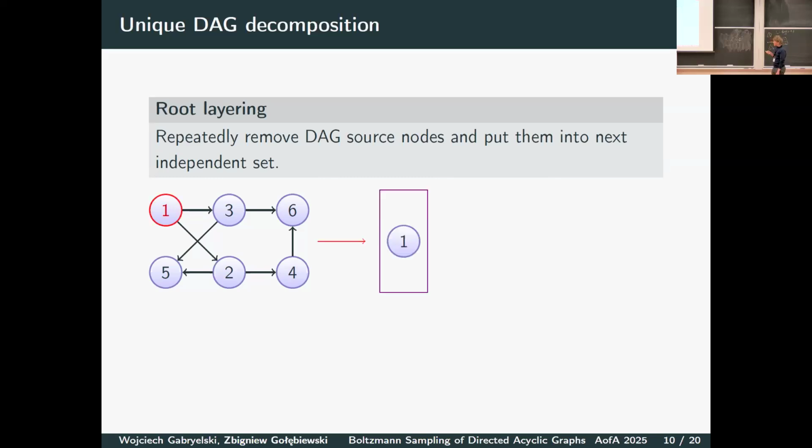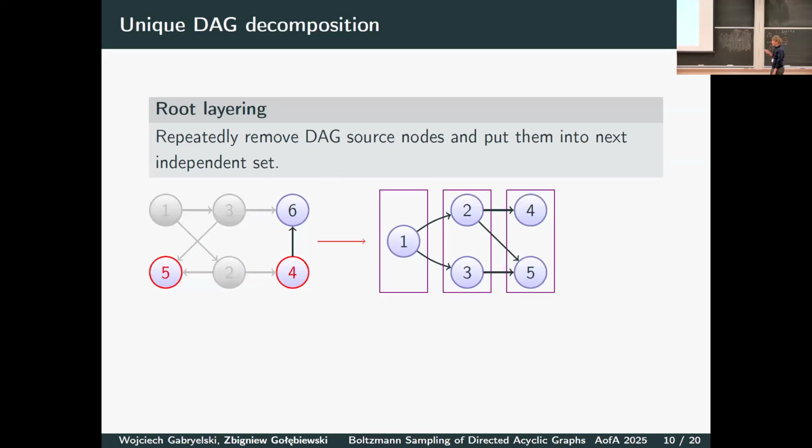So in this case, we start with the only source, which is 1, put it in the first set. Then we forget about 1 in the graph and find new sources, which are 2 and 3. Put them in the next set of disconnected vertices, forget about 2 and 3, and find the next sources, which are 5 and 4, and so on and so forth. And we end up with this kind of decomposition.